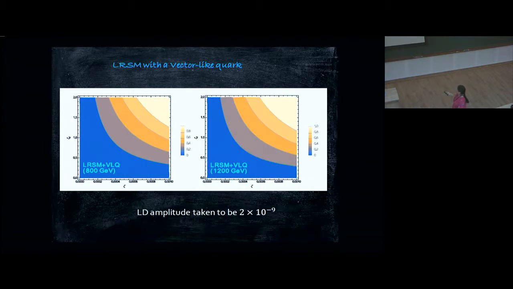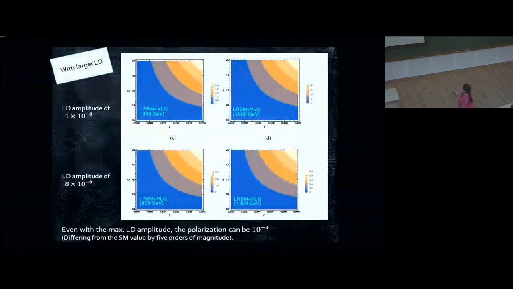So I have this parameter space where it goes to +1, and in all this region I'm deviating from the standard model value. Here we had introduced larger long-distance effects, because there are uncertainties in the long-distance amplitudes, so we varied them over the full range and tried to see the effect. With larger and larger effects, of course, your parameter space reduces, but in all this region you are basically having deviations from the standard model value.